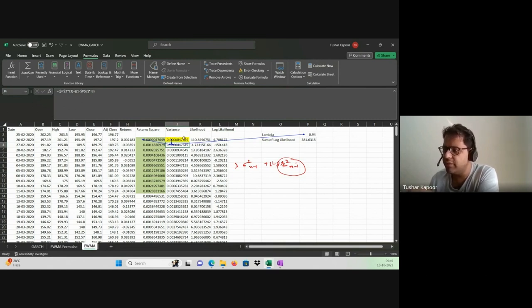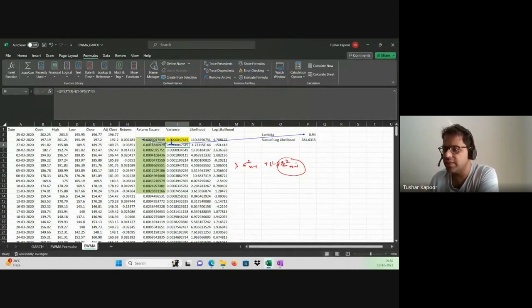So this lambda 0.94 multiplied by the variance that you see in the yellow section, plus 1 minus lambda, which is 1 minus 0.94, that is 0.06, multiplied with the returns for the last day.